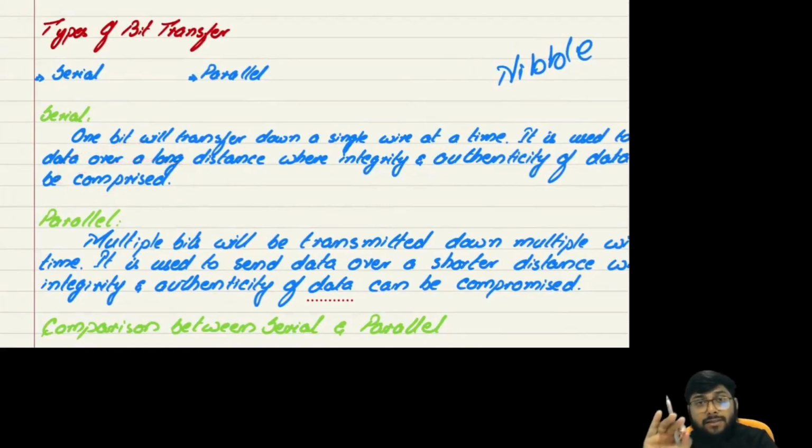At the places where authenticity and integrity of the data cannot be compromised, we utilize serial transmission. We usually say that it is transmitted over a longer distance, but it's not necessary. You may transmit data in serial transmission over a shorter distance as well.